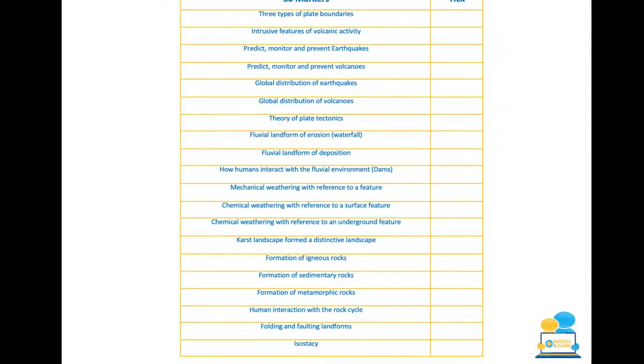Human interaction with the fluvial environment, or it could be coastal as well. I do dams. Mechanical weathering, chemical weathering, surface and underground, karst landscape, which is a distinctive landscape. Formation of igneous, sedimentary, and metamorphic rock, human interaction with the rock cycle, folding, faulting, and then isostasy as well.